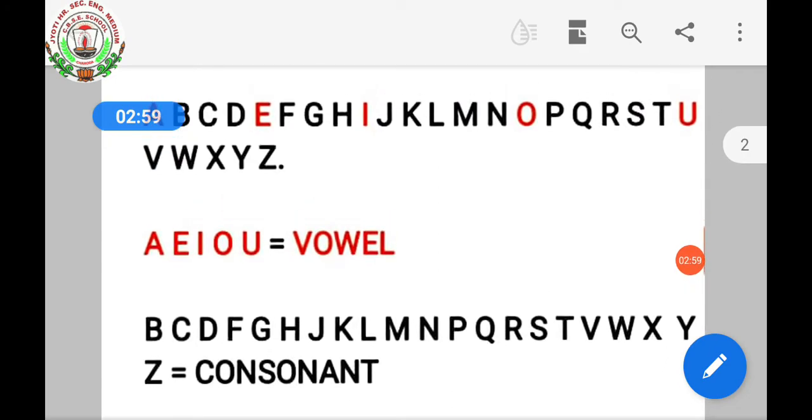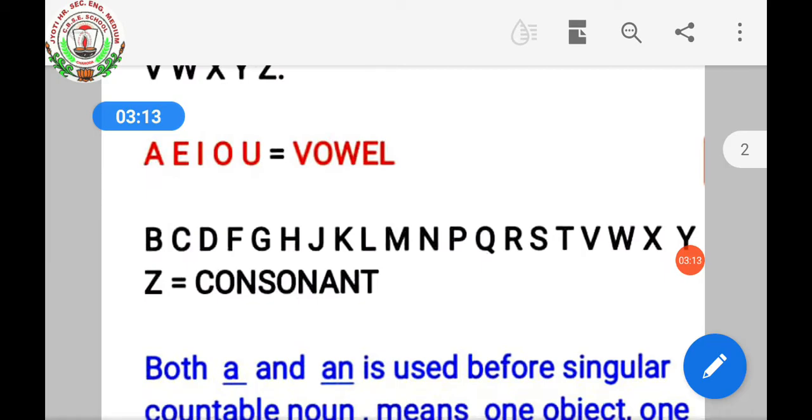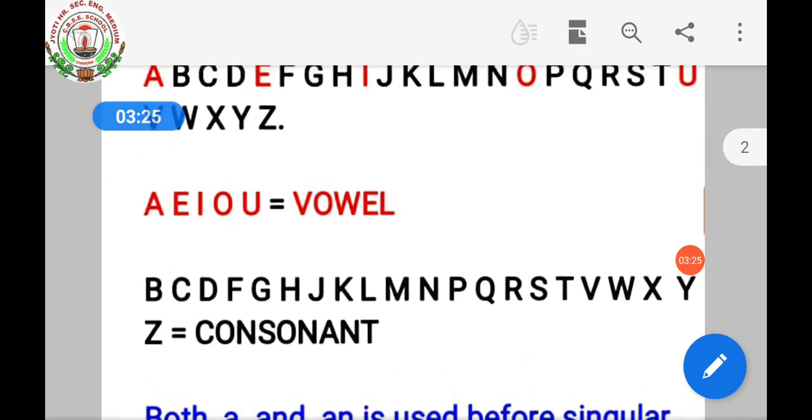A, E, I, O, U are your swar, and here also A, E, I, O, U are your vowels in English. And Ka, Kha, Ga are your vyanjan in Hindi. And here B, C, D, F, G, H, J, K, L, all these letters are your consonants. So vowel means swar and consonant means vyanjan.